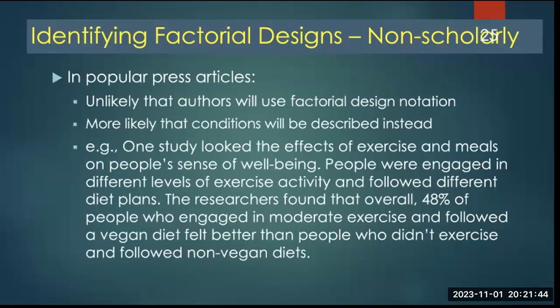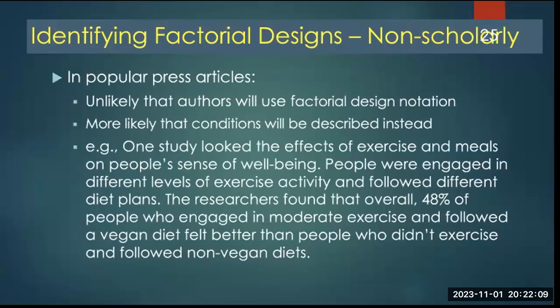So one study looked at the effects of exercise and meals on people's levels of exercise activity and followed different diet plans. So in that first sentence, right, effects of exercise and meals, right there, two different independent variables, right, on people's sense of well-being.